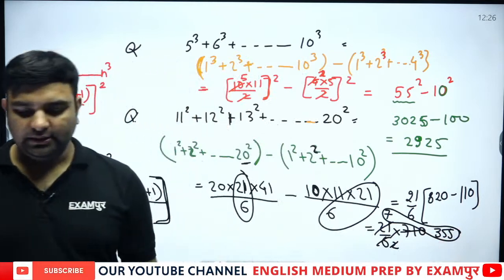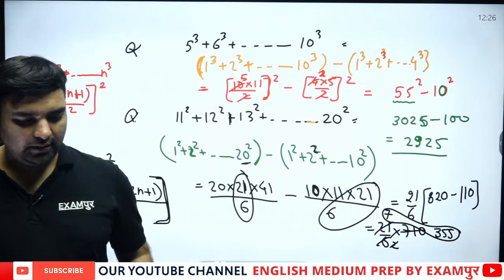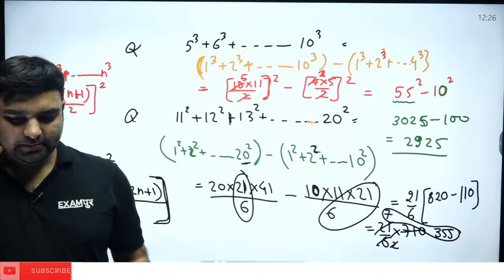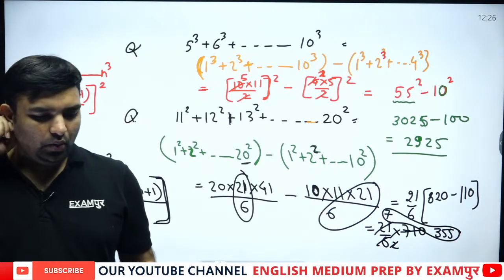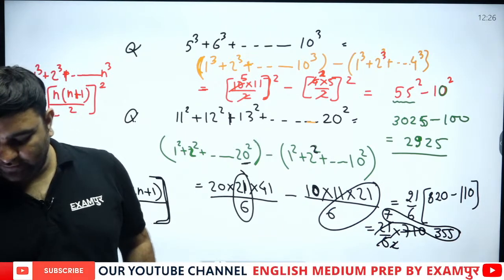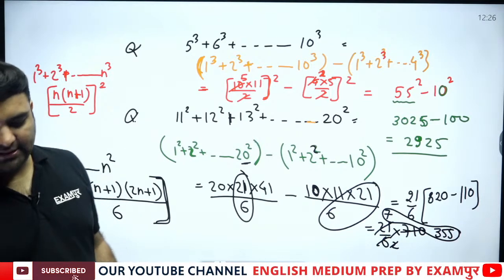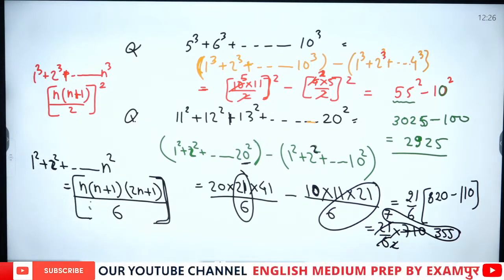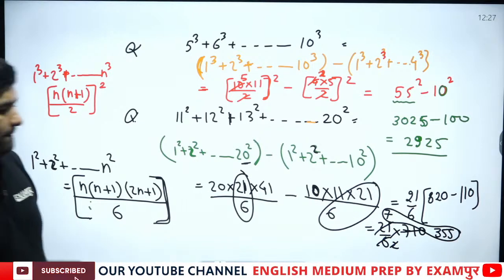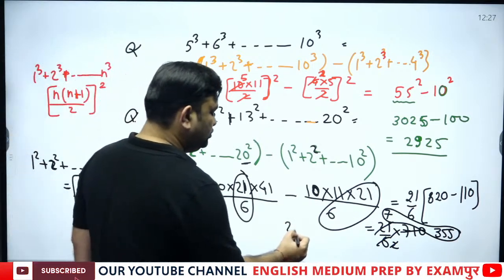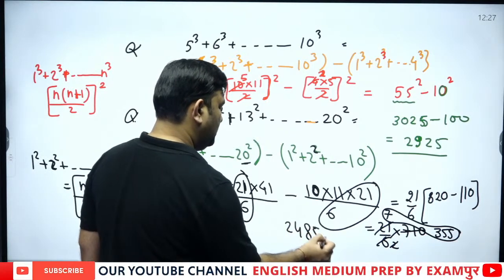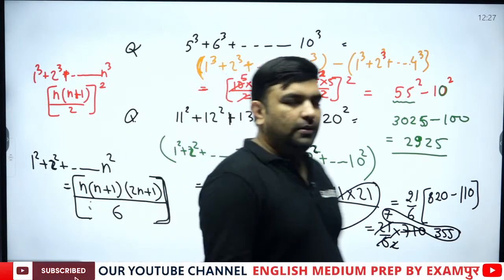What is the answer? 355 into 7. Just do it and give me the answer. 2485.